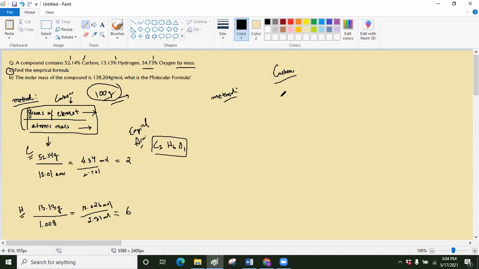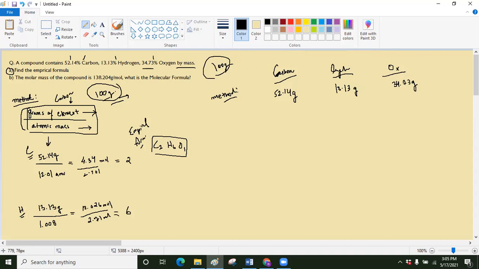So carbon in this case is 52.14 grams, and hydrogen in this case is 13.13 grams, and oxygen in this case is 34.73 grams out of 100, right? And that's our total out of 100 grams.